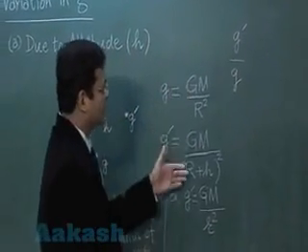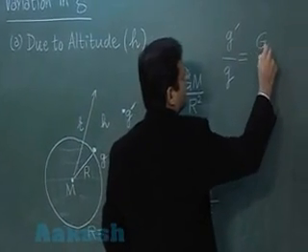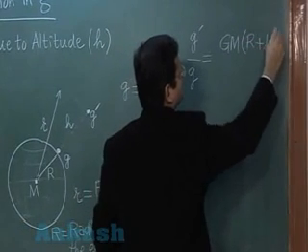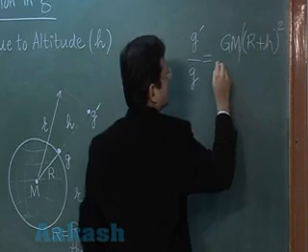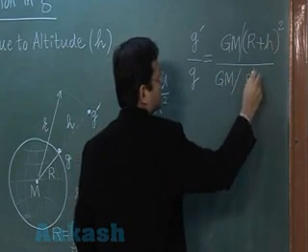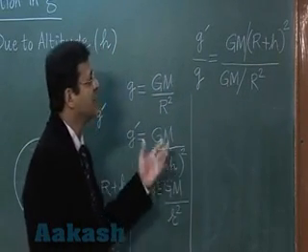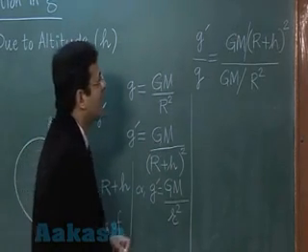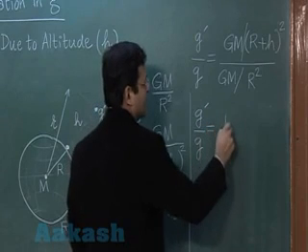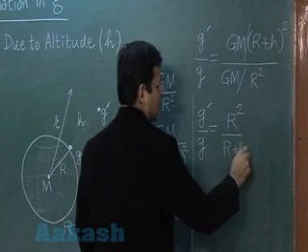If I divide these two expressions, this is equal to G M upon R plus h whole squared, upon G M by R square. If you simplify, you can write it as R square upon R plus h whole square.